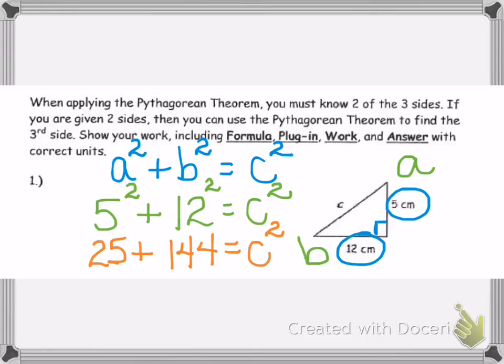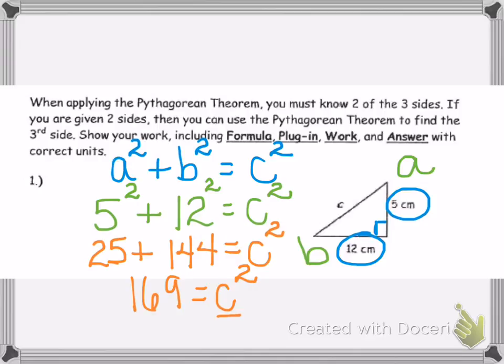So I'm going to add 25 and 144, and that's going to give me a sum of 169. And that still equals c squared. Now to find the length of the hypotenuse, I just want to find what plain c is. I don't want to know what c squared is, which is what I know right now.